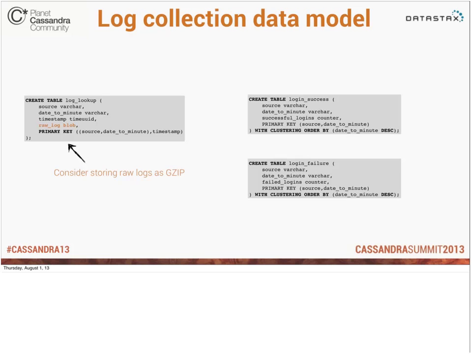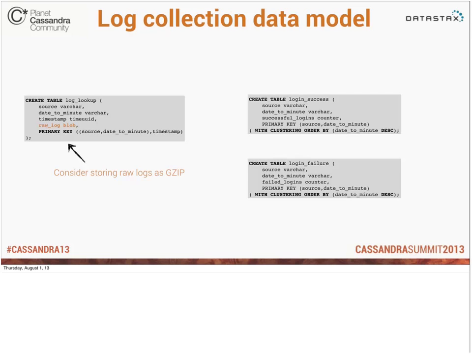In this case, I have this date to the minute, which is a varchar, so it's a date. When I say clustering order by date to minute and reverse it, so instead of ascending order, ASC, I use descending order, it stores that data in what I would call reverse, which means the last thing that happened would be the first thing on that row.